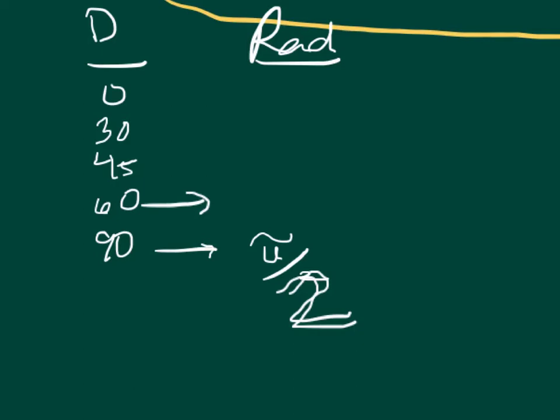Where did pi over 2 come from? What's the whole circle on the unit circle? Right before the end I had 2 pi over 4, and in the end I had pi over 2. It came from 1/4 of 2 pi, just like 90 degrees came from 1/4 of 360.